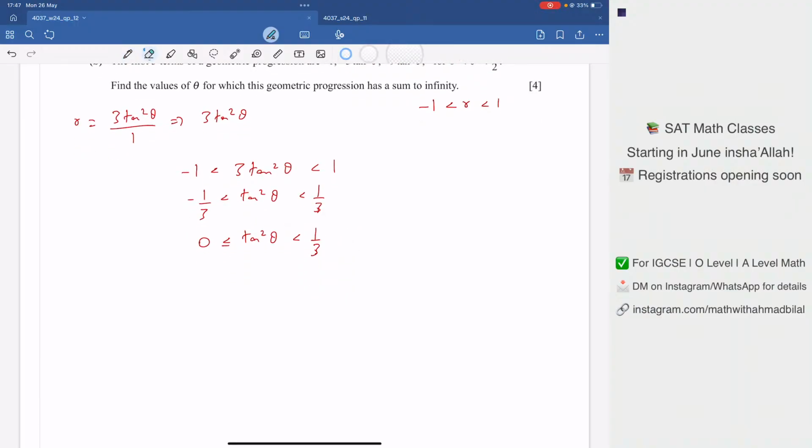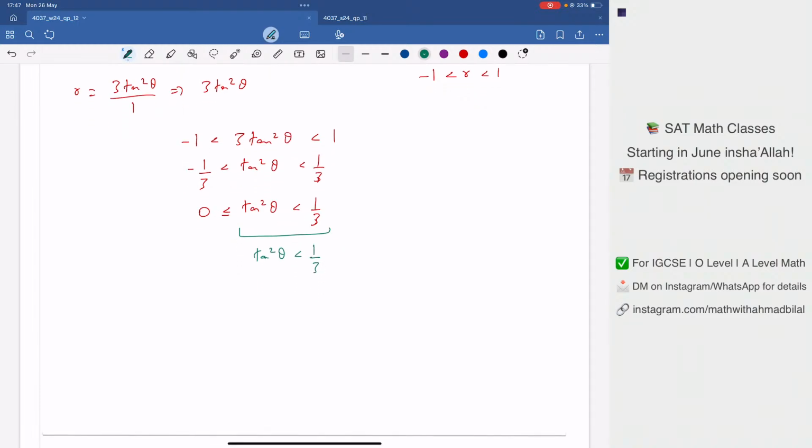Now, how do we solve this particular part of the inequality? Tan square theta less than 1/3. That's what you want to solve now. How do we do this? Let's solve it as an equation first of all. So you have tan square theta equal to 1/3. Solve it as an equation. You get tan theta equals plus minus 1/square root of 3.